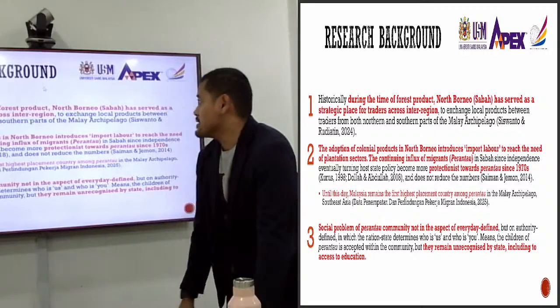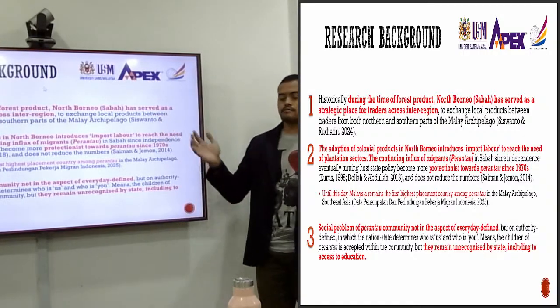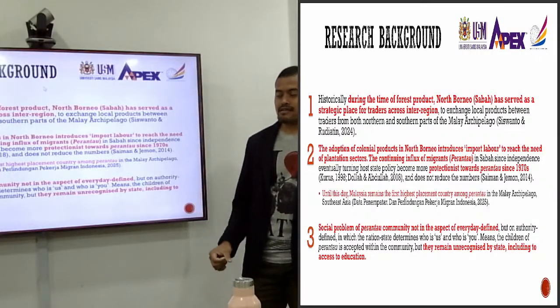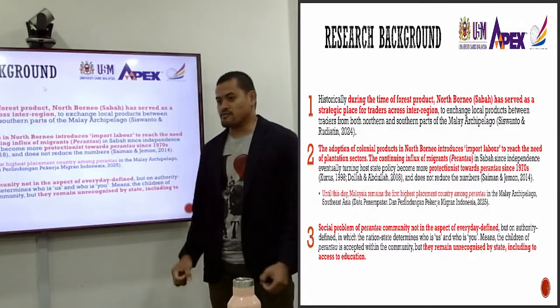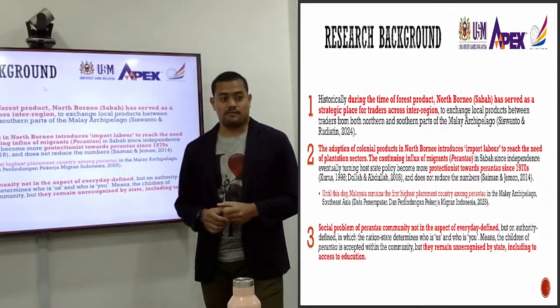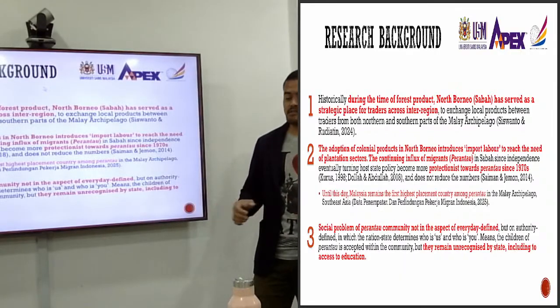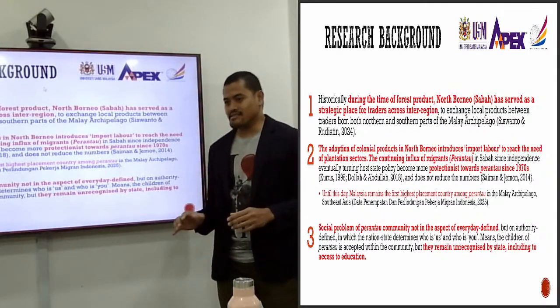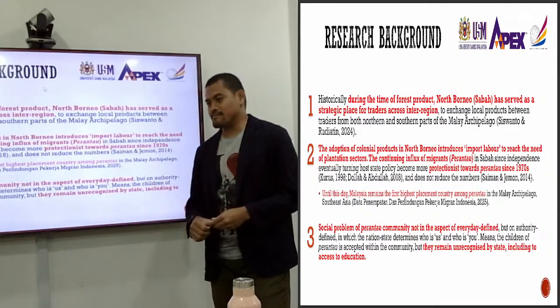From this background, before the colonization period, Sabah was formerly known as North Borneo. They were famous for forest products. During the time of forest products, they used the indigenous communities as well as the slavery system.